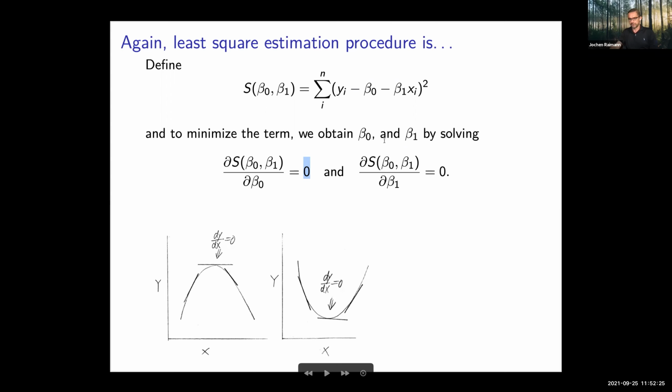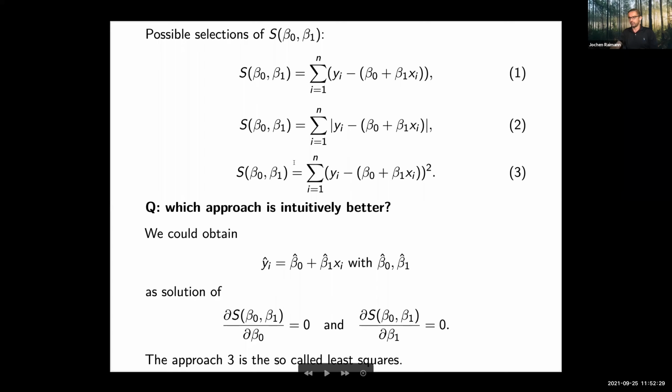Good. So this is the ordinary least square. Again, we're coming from building this function of beta 0 and beta 1 as the sum of (yi minus (beta 0 plus beta 1 xi)) squared.